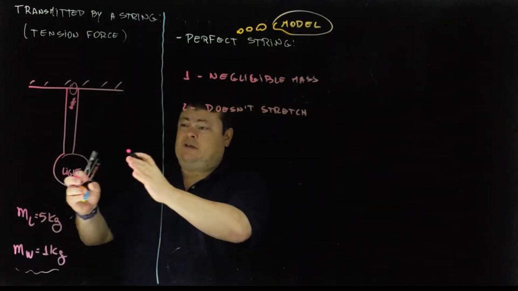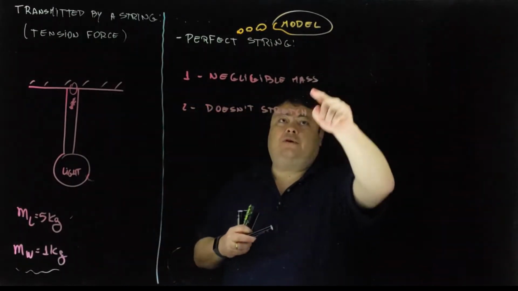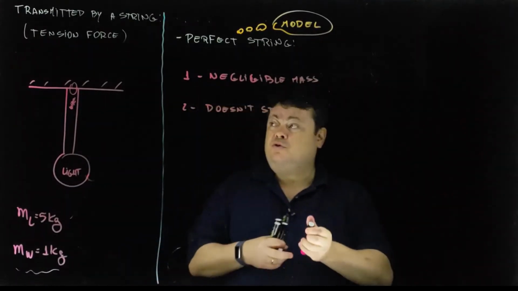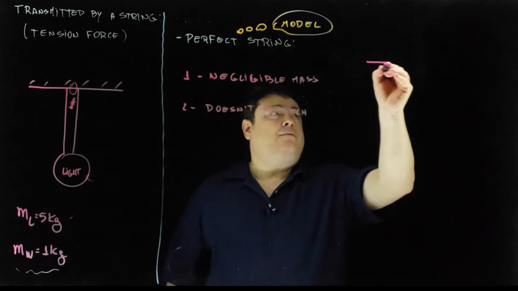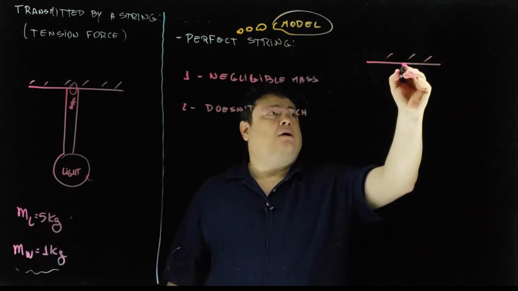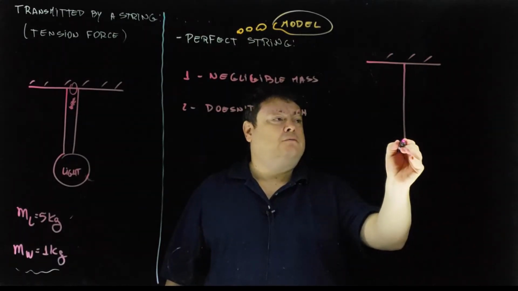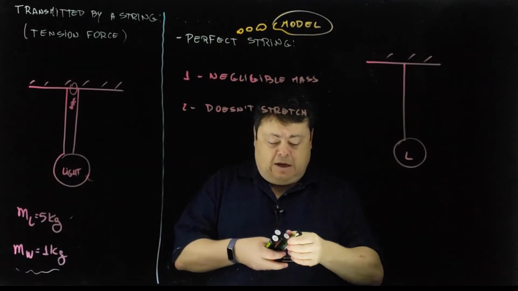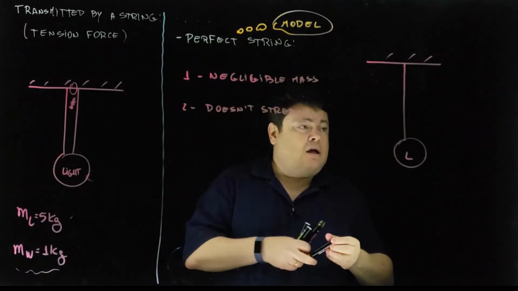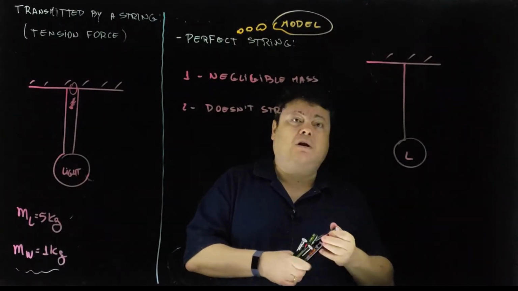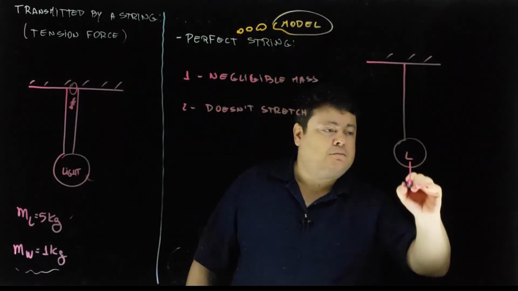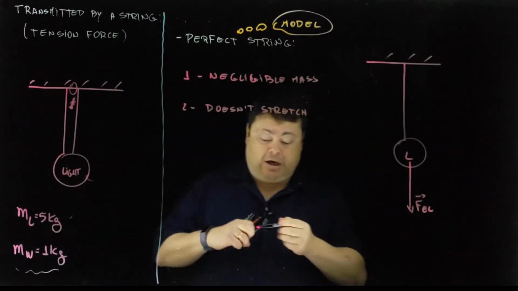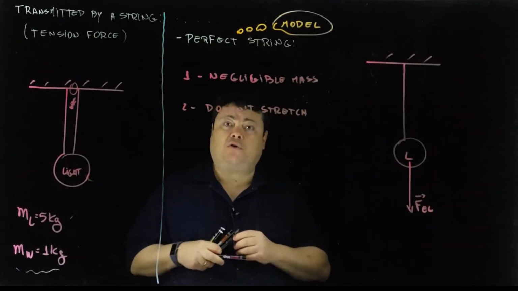Now, when I represent this system, considering these models in here, my systems can be reduced to this: ceiling, a perfect string, the light bulb, and then I'm going to have a force of the earth on the light bulb, which is again the gravitational force of the earth on the light bulb.